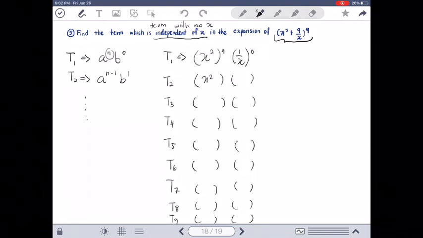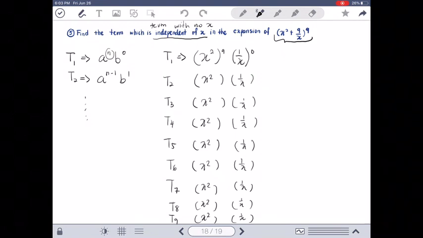So obviously this is going to be x squared repeated, and 1 over x repeated.